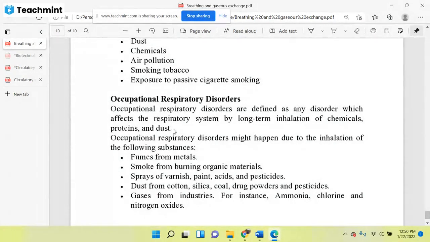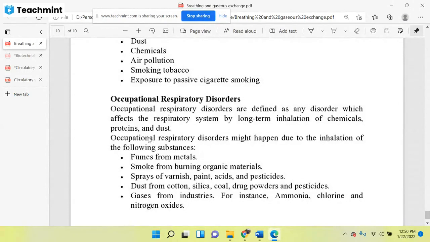If we are inhaling any foreign, unwanted material with our inhaled air, it will cause some defect in our respiratory system, and in general it will be called occupational respiratory disease. This is a general term we use for any disorder affecting our respiratory system, and it can be caused by various reasons.